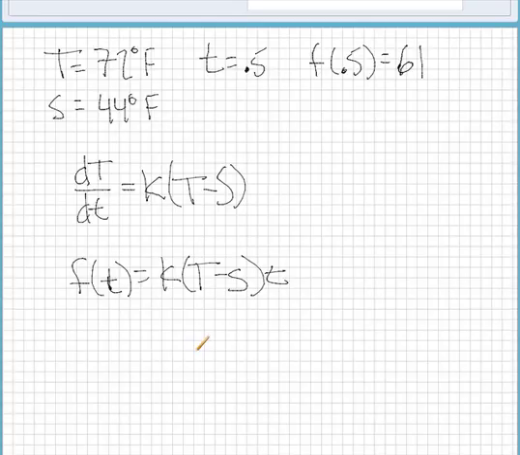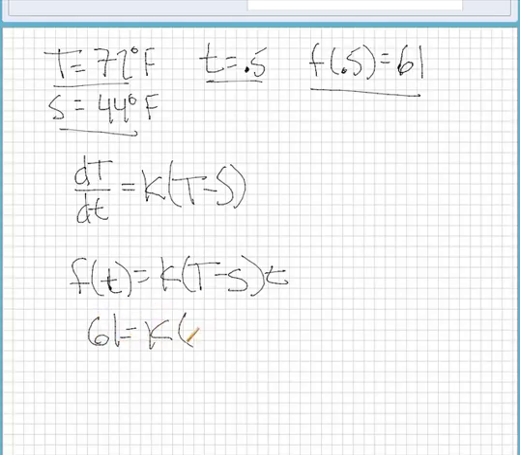Now, if we plug in what we know from the beginning, the original temperature, the surroundings, the time, and the temperature at that time, what we get is this is going to be 61. K is what we're going to solve for, and then T is 72 minus 44 is the surroundings, and then times 0.5, which is a half hour.